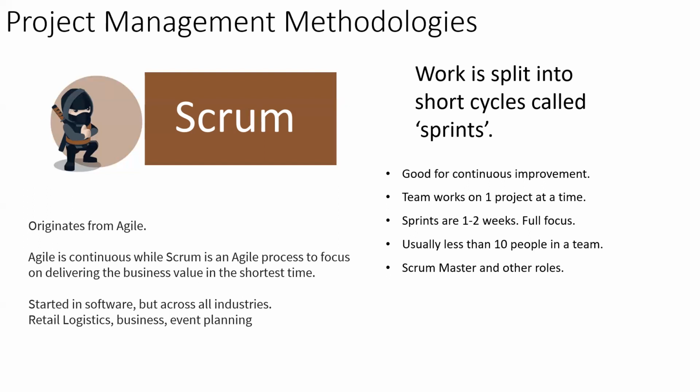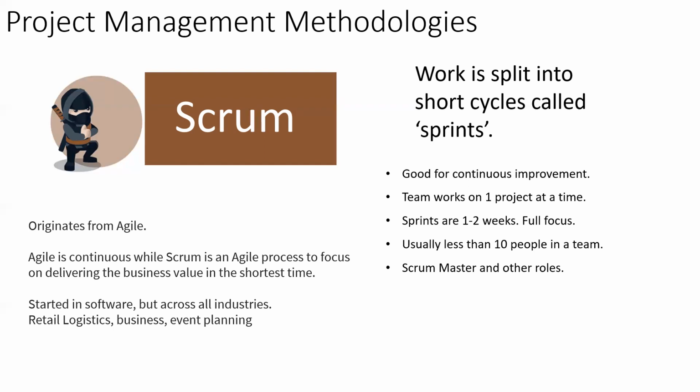Okay, so usually it would be less than 10 people in a team, but this is changing. So Scrum is being adapted to suit larger teams and organizations. The thing with Scrum is that the whole dynamics and roles within a team is slightly different to a traditional role, where you've got a Scrum Master who really looks at bringing out the best in the team.